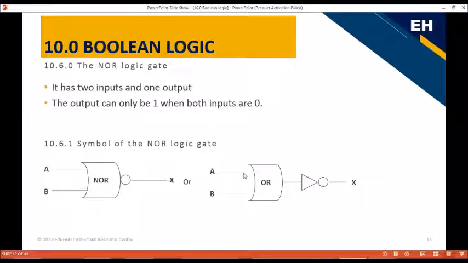And this can be written alternatively as A or B using the OR symbol, and of course the output gotten is negated or reversed using the NOT symbol before the terminal output.